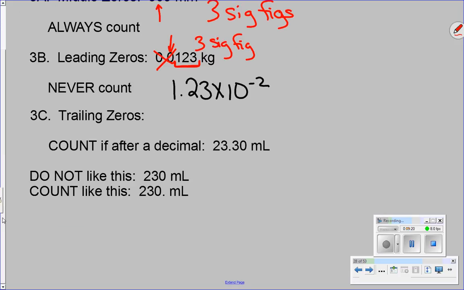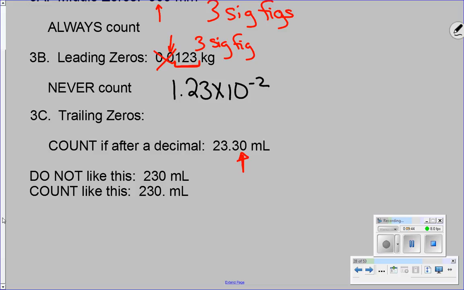Now, trailing zeros do count. This 0 right here is a 0. This 0 is actually put there because this is 23.30 milliliters. Not 23.35, not 23.32. We know that's a 0. I think this rule kind of bothers kids. Remember, this is a communication tool, not a mathematical rule.